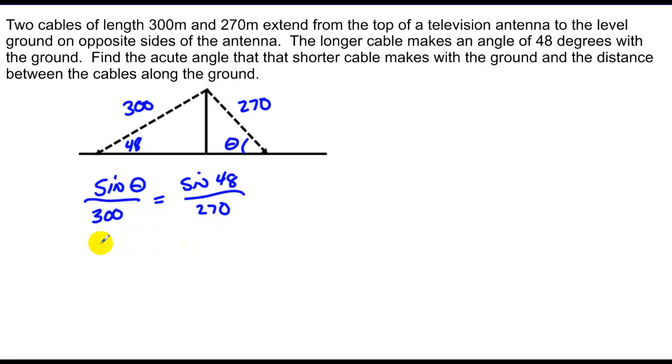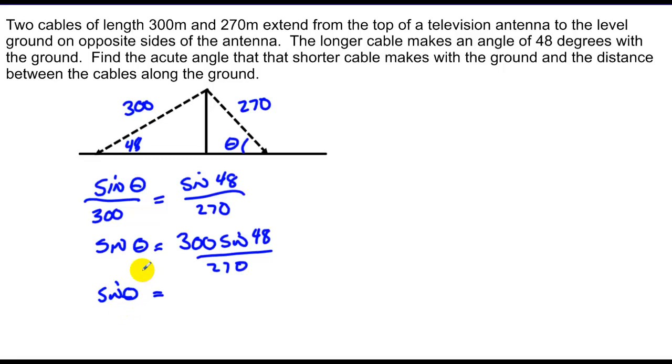Again, I'm going to isolate what I need. So I have 300 sine 48 over 270. Sine theta will equal, this is a calculator problem, .826. That's rounded. Now what I'd want you to do is in your calculator leave whatever number you get by doing this multiplication and division. And now the unique thing of this problem is we aren't done yet because we're trying to find theta.